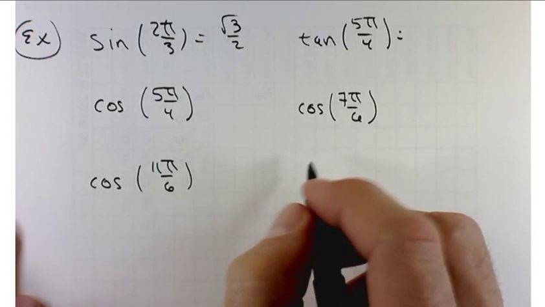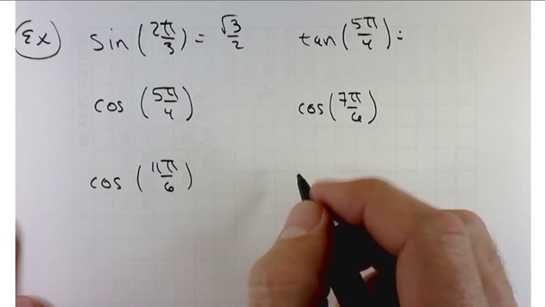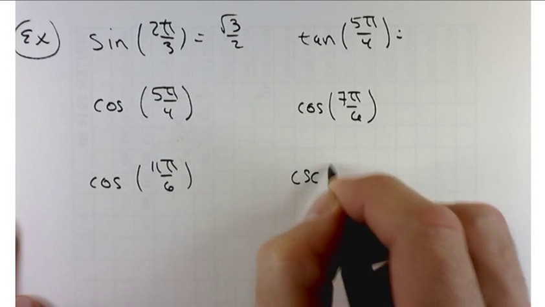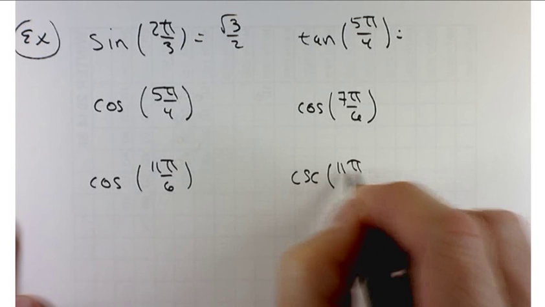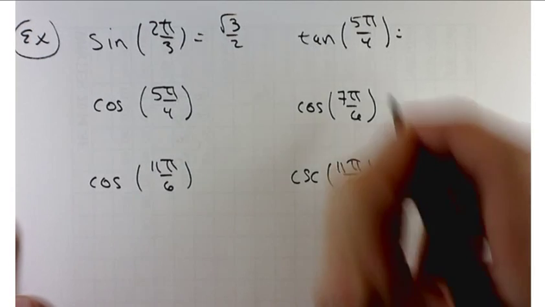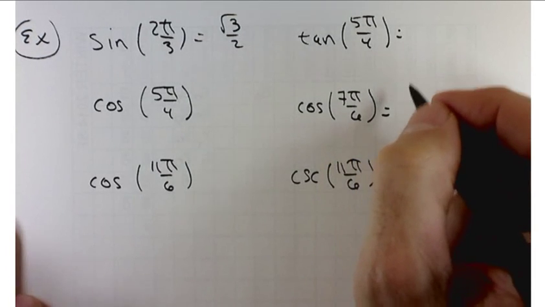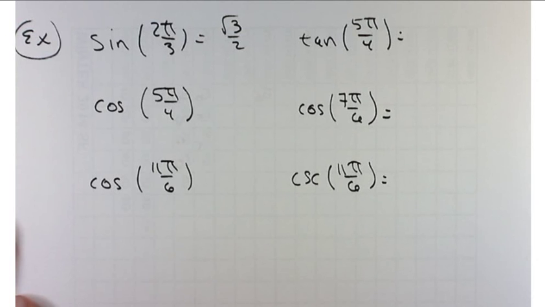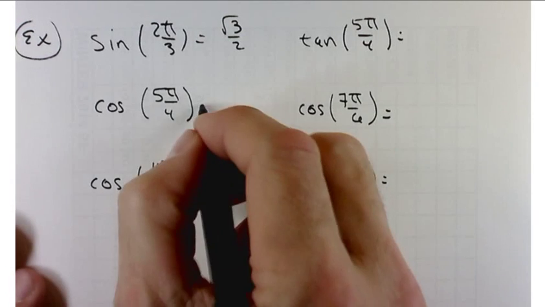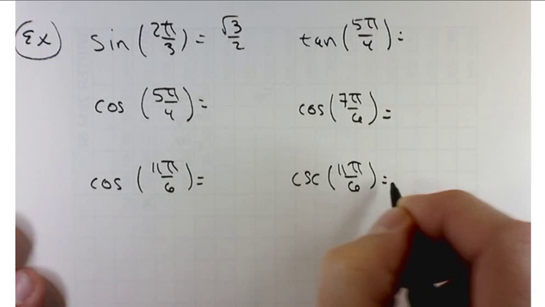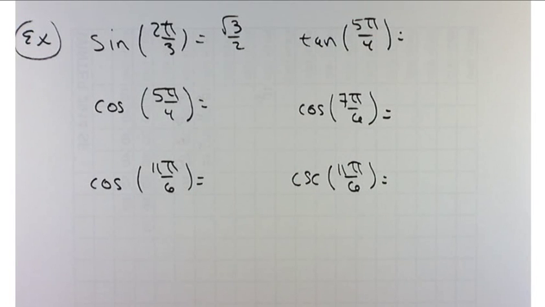And let's also do the cosecant of 11 pi over 6. And I'll do a couple examples here to kind of help you out, but I want you to try a few as well. Keep in mind we're going to be looking for exact values. And I will go through on a calculator and discuss with you a little bit on finding exact values.